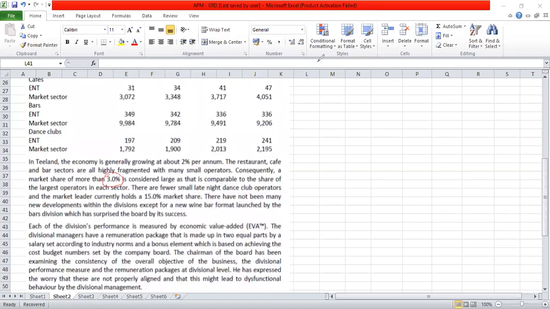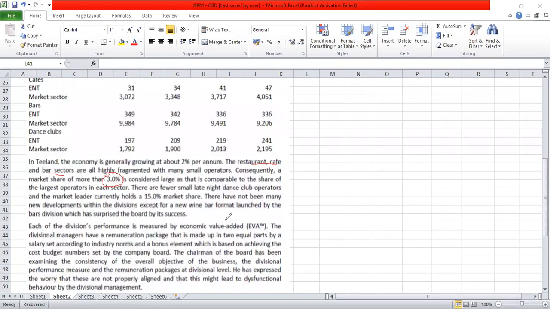So for relative market share, first do the calculation of what the market share is, and then compare that with this 3%. Then it would be relative market share. So this is for the restaurants, cafe and bar sectors. Then we have one more fourth unit, which is night dance club.